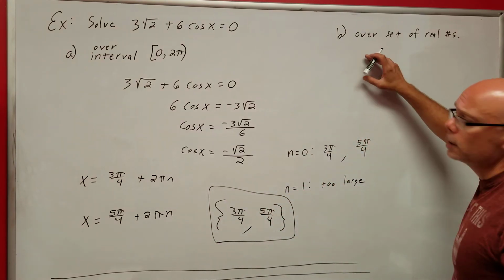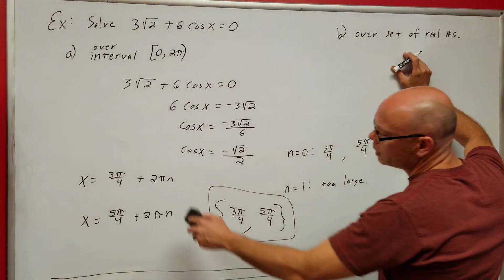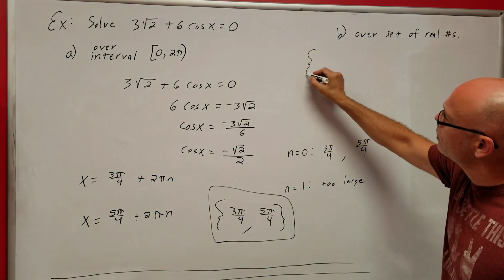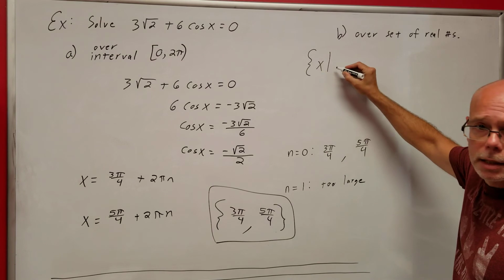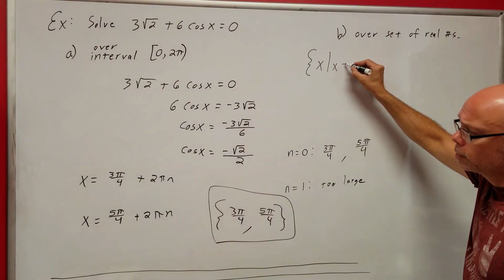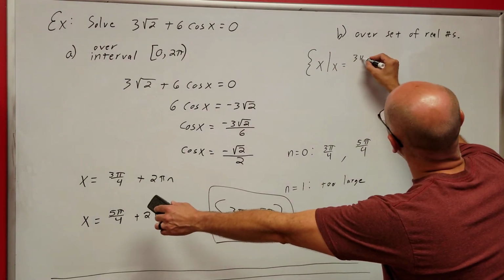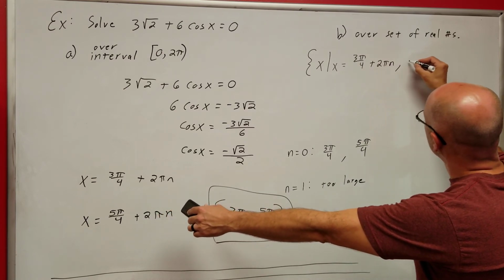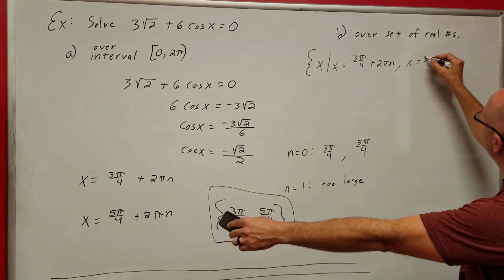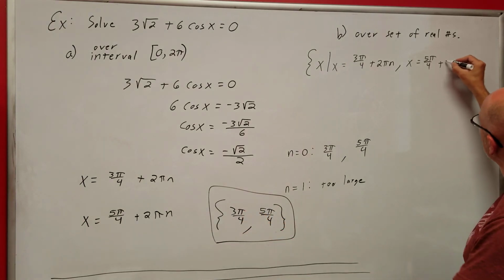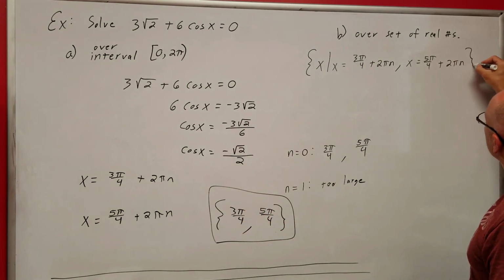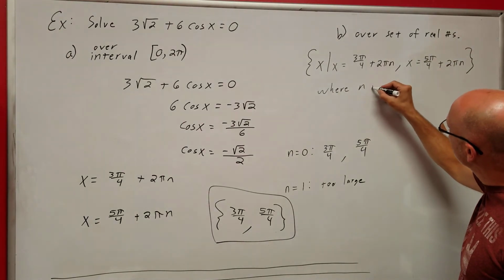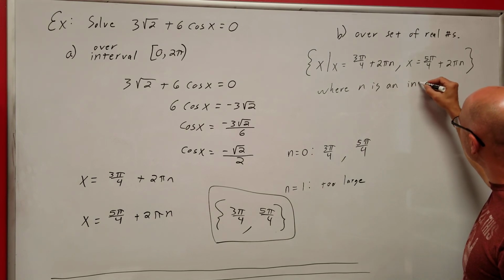Now what about over the set of all real numbers? That's when this part comes in. So I'm going to say over the set of all real numbers, my solution set's going to be x such that x is equal to 3 pi over 4 plus 2 pi n, and x is equal to 5 pi over 4 plus 2 pi n, where n is an integer.